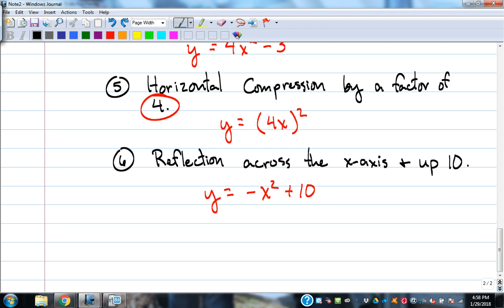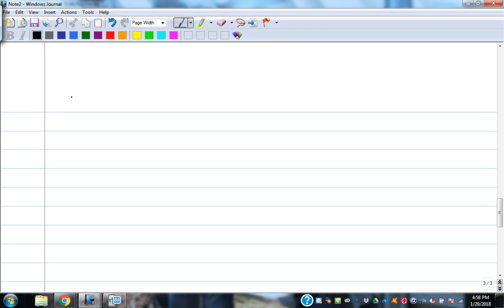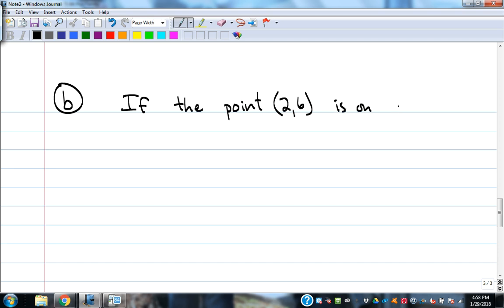All right. Let's look at this kind of problem. These are a little bit more difficult for some folks, but some folks seem to catch them really easy. So the point (2, 6) is on f of x. So that means we've got some function, and (2, 6) is on that function's graph.